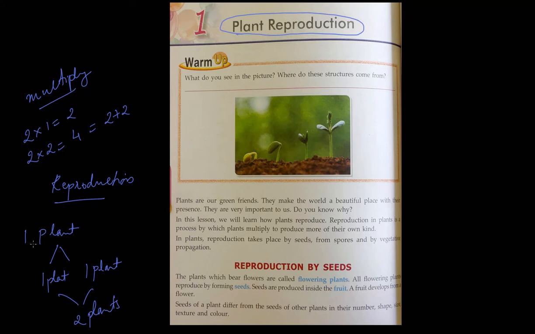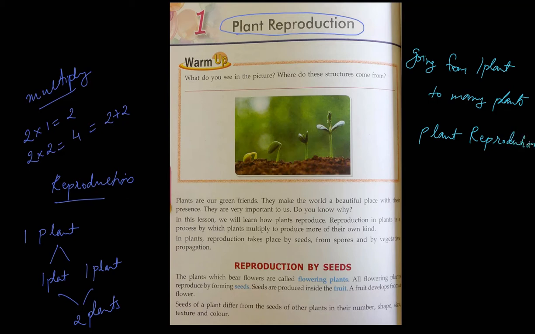This multiplication, this going forward from one plant to many plants is plant reproduction. So in the same way, animals also reproduce. That we will discuss in a different chapter where animal reproduction is discussed.